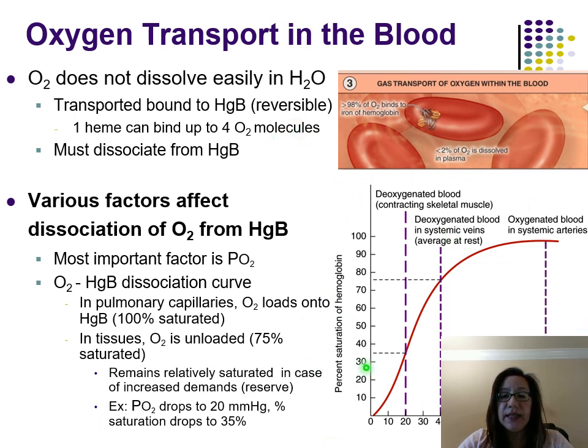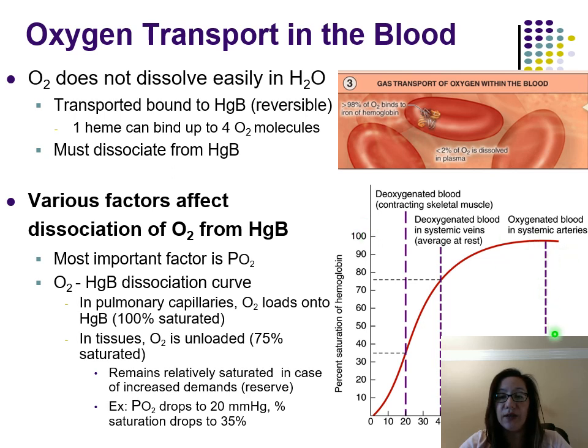Now, this here is looking at the saturation curve for hemoglobin as it goes through different parts of the body. You're looking at partial pressure on the x-axis, and on the y-axis, you're looking at percent saturation of hemoglobin. To keep this very simple, think about when blood leaves the lungs, it is 100% saturated.